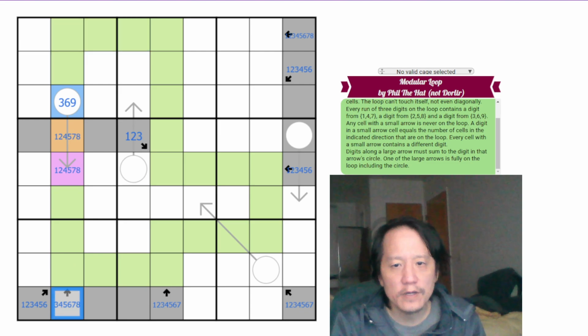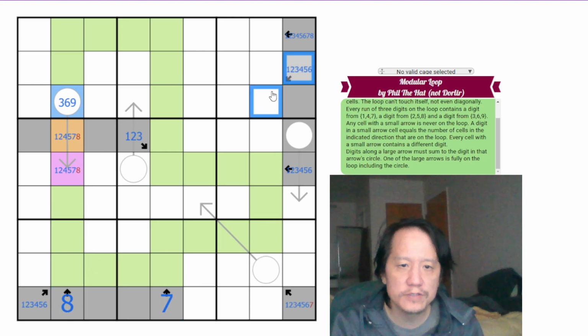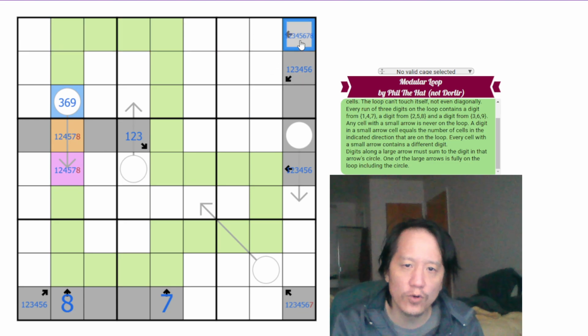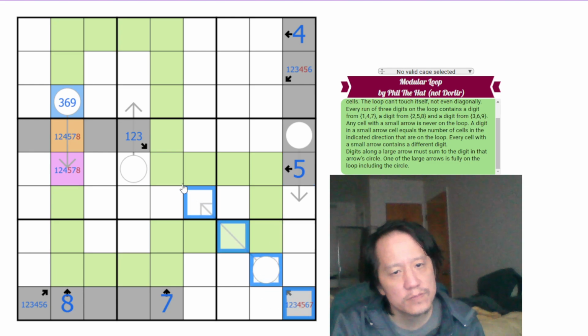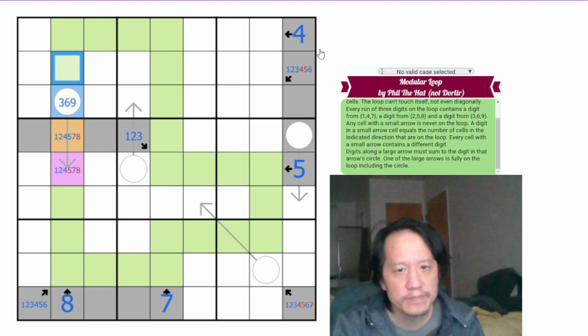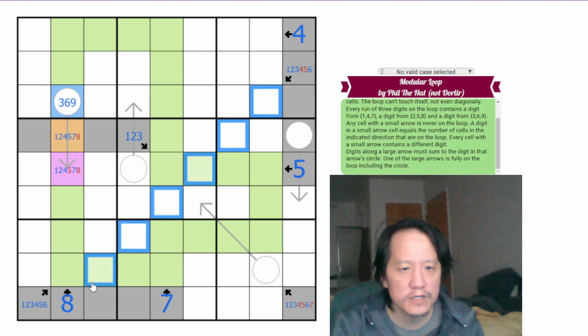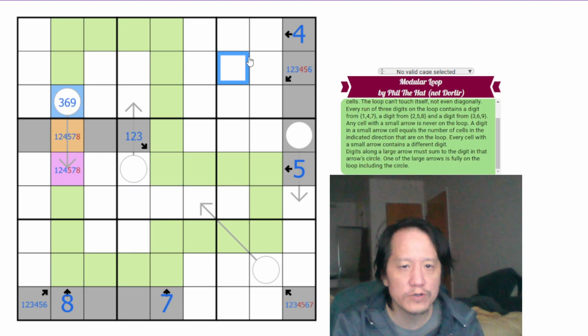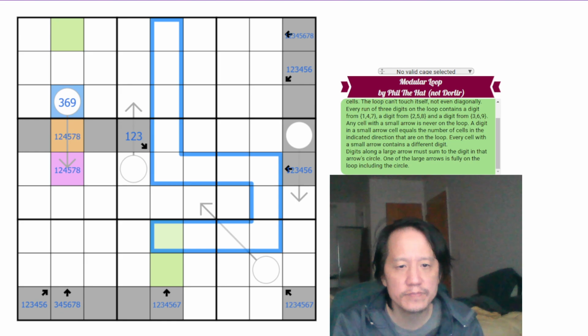So again, this would be 8. So assuming this is 7, we're making that 8. Where is this? Okay, so this is 4. This is 5. This says 1, 2, 3. 1, 2. This would be 1, 2. So that doesn't work either.